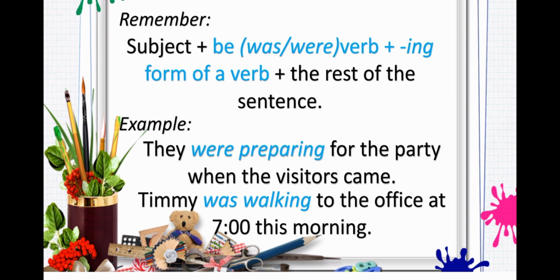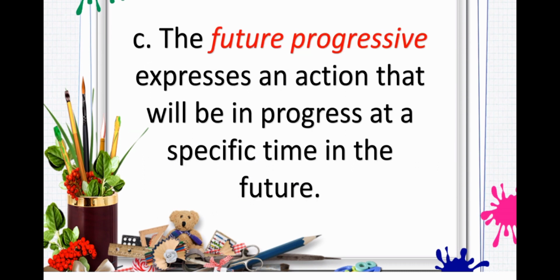Ito ang rule, subject plus was, were, plus ing form of a verb, plus the rest of the sentence. Example, they were preparing for the party when the visitors came. Another one, Timmy was walking to the office at 7 o'clock this morning.